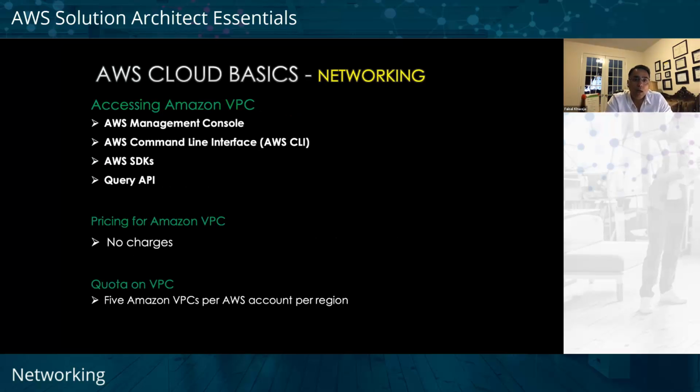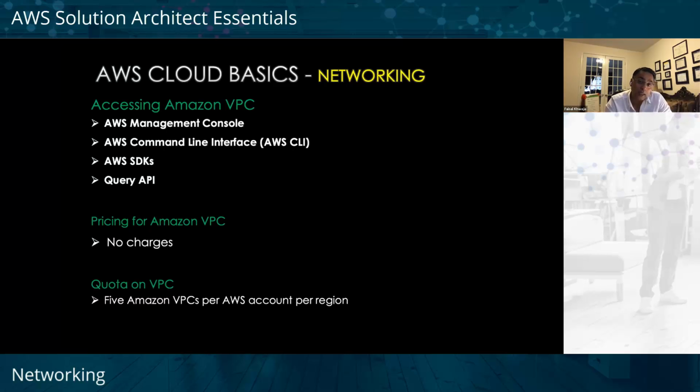Okay, so for accessing Amazon VPC, you do have an AWS Management Console where you can come in and use the console to access and create the VPCs. You can also use the CLI, the command line interface, which allows you to type in all the commands.